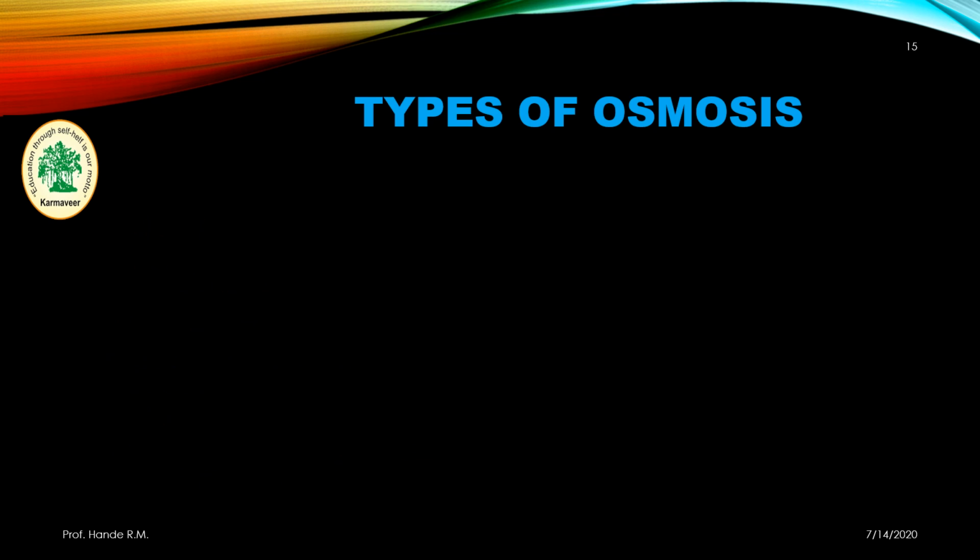The next is the types of osmosis. There are two types of osmosis: exoosmosis and endoosmosis. What is meant by exoosmosis? Exoosmosis is a migration of solvent from the cell to the outside, and it is caused due to the flaccidity of the cell.